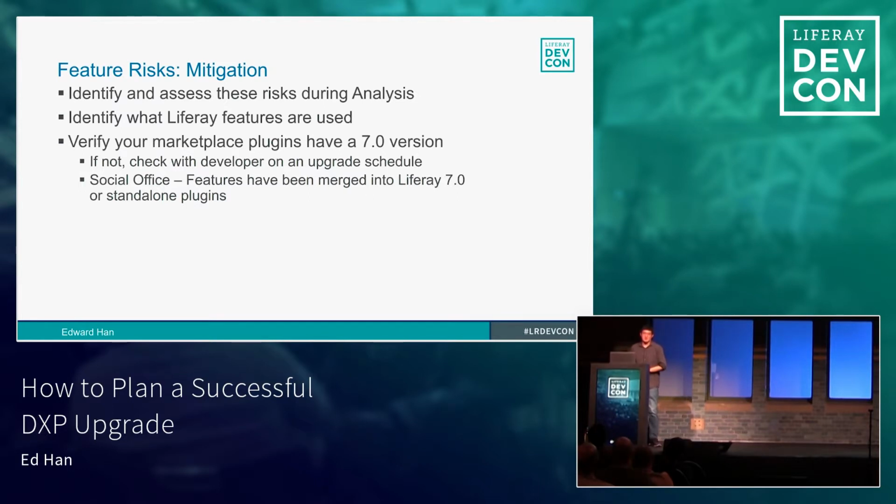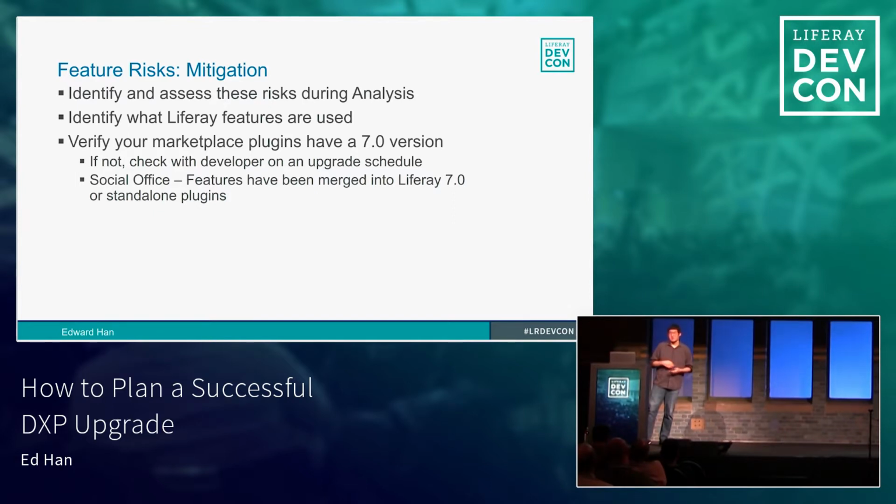How do you mitigate these? First of all, you need to identify and assess the risks that you have during analysis. This is the first stage that I mentioned before, where you're analyzing your requirements. Am I using staging? Am I using web content? Am I using message boards? What marketplace plugins am I using? Am I using Social Office?